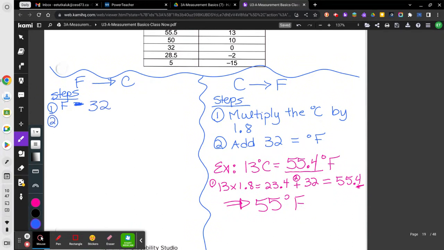Second step, you're going to take your answer and times it by 5. Third step, you're going to take that answer and divide by 9. And that equals degrees Celsius. Okay, there's only 3 steps. So we're going to do an example of it. All right, here's our example.